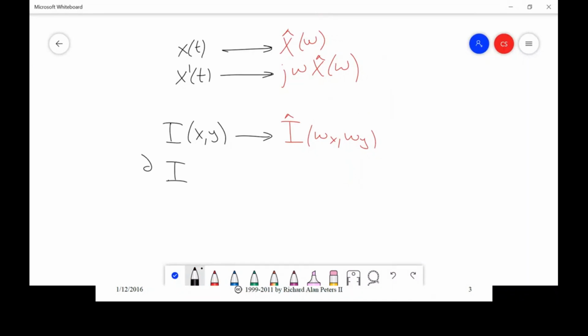And we want to compute the derivative. Derivatives are partial derivatives because we could compute the derivative in x or y. So we have the partial derivative, and what we want to show is that this is j omega x times the Fourier transform.